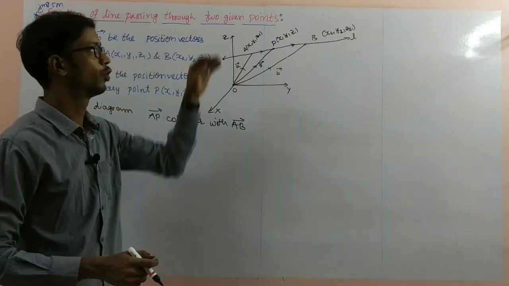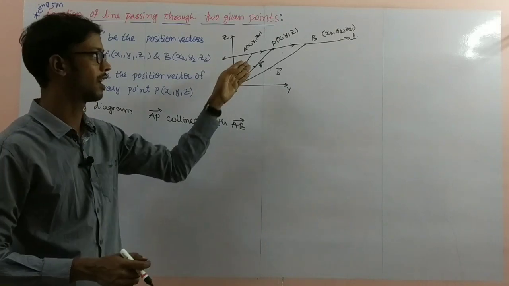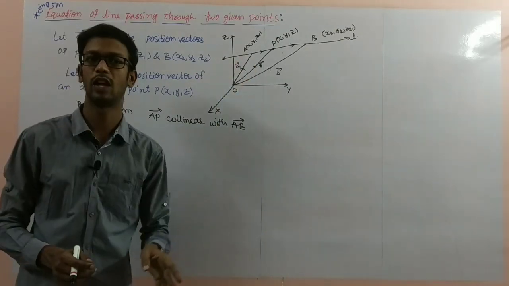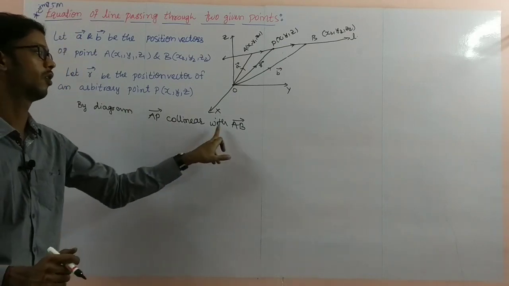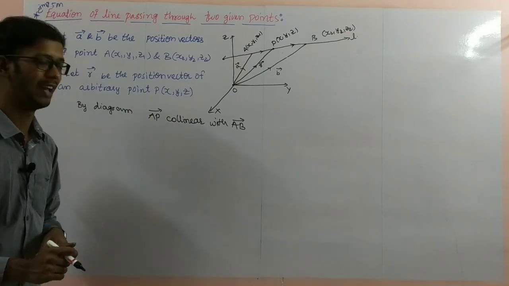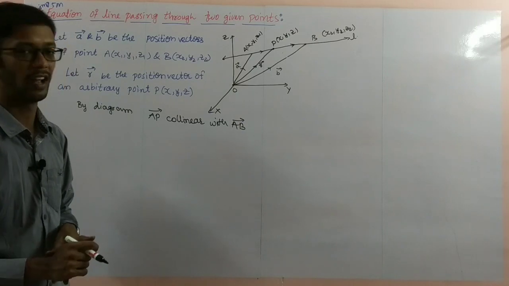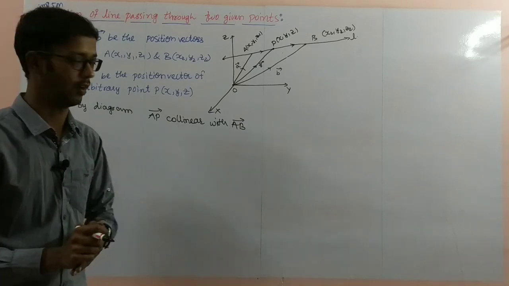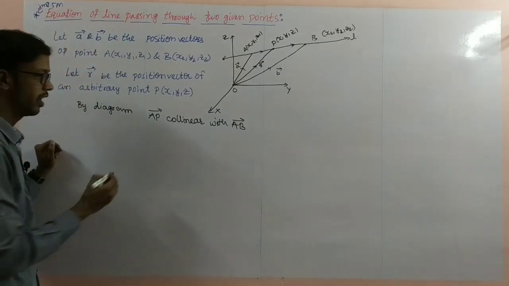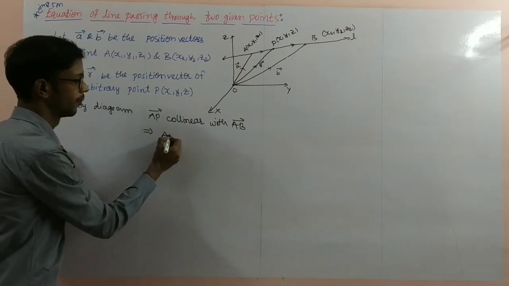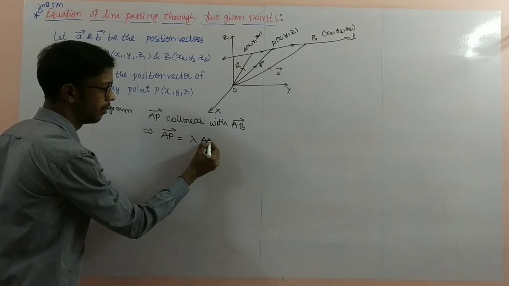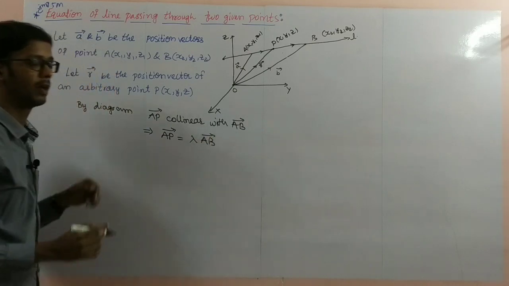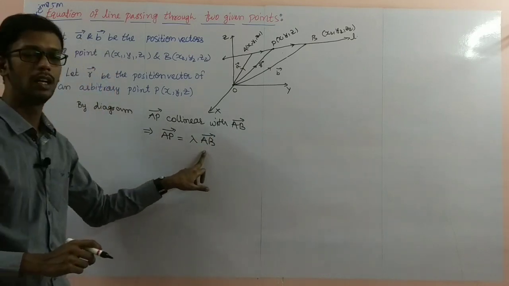Why? Because if you draw one line, AP bar is parallel to that same line, and AB bar is also parallel to the same line. Collinear is defined in vector algebra. By this, what can we write? That implies AP bar equal to lambda AB bar.